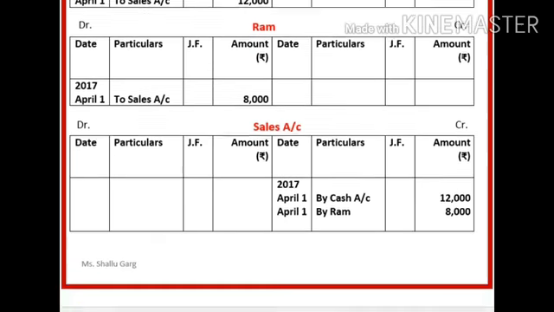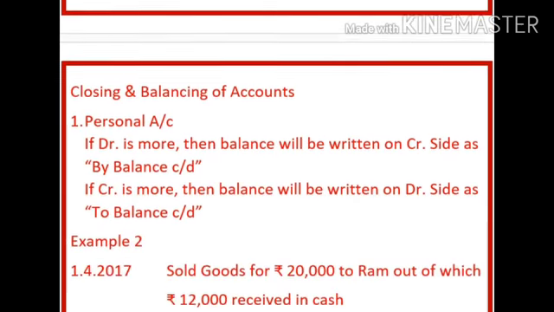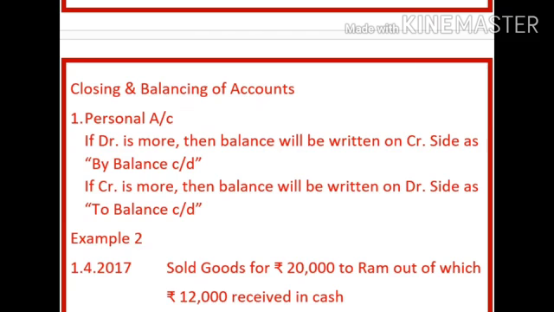After posting, the next step is our closing and balancing of the accounts. We all know there are 3 types of accounts: personal, real and nominal. In personal account, what we need to find out at the year end is whether we owe to that person or that person owes to us.